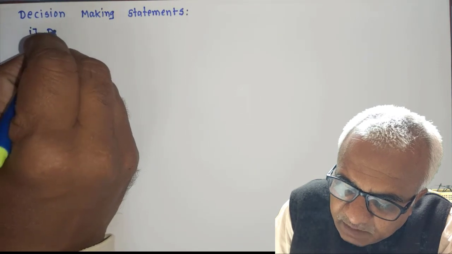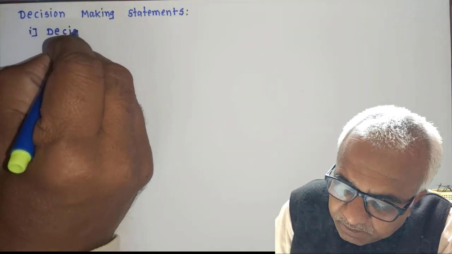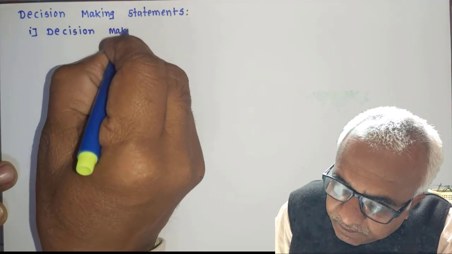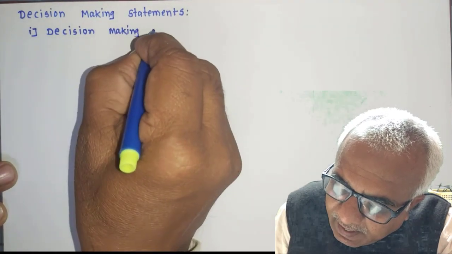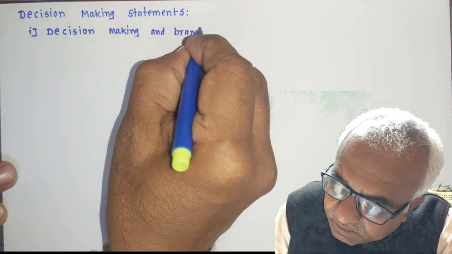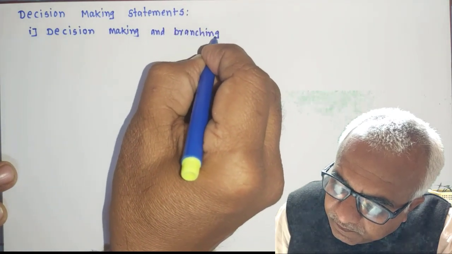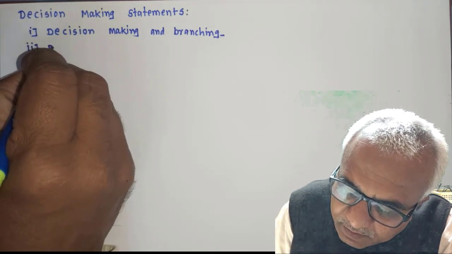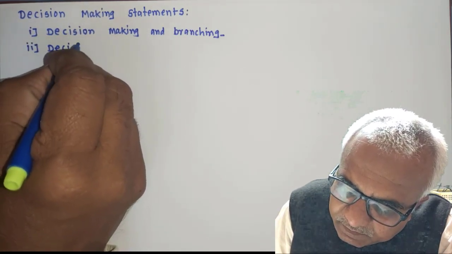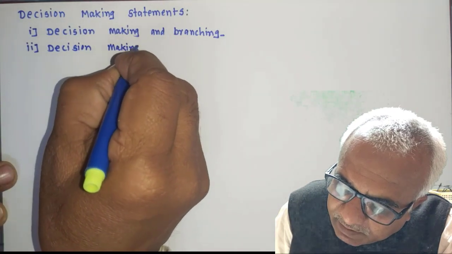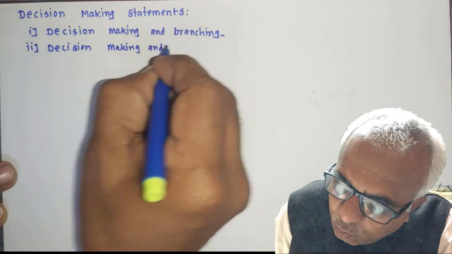First, decision making and branching. And in the second part, we are going to study decision making and looping.